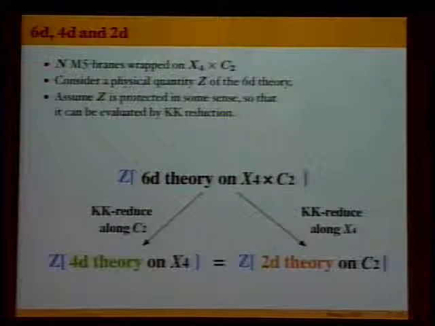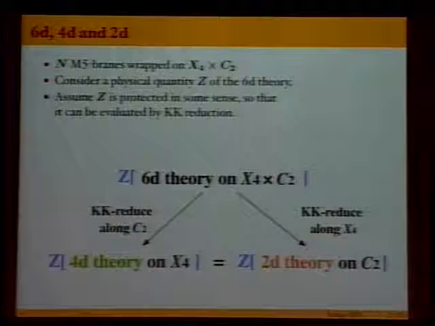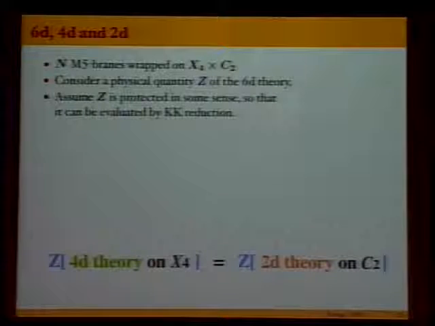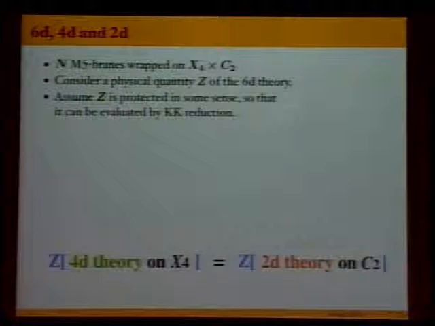But as David emphasized, we don't know much about the 6-dimensional theory, so you cannot really perform this reduction at our level of understanding here. So what we can do is to take inspiration from this structure and forget about this part and try to match something calculated on this 4D theory and another thing calculated on the 2D side. Okay, so what exactly do we get by choosing various Z?